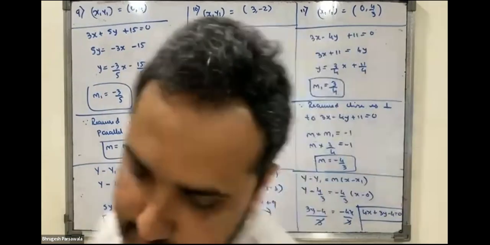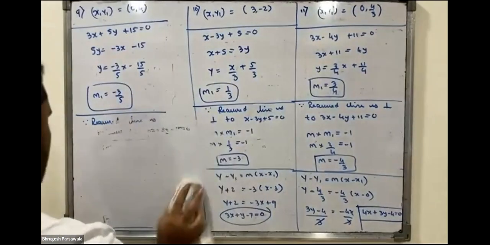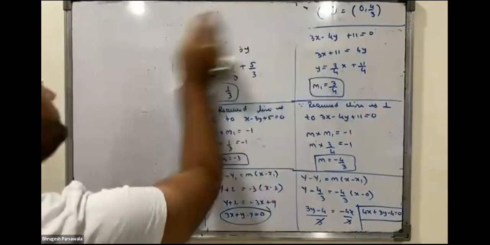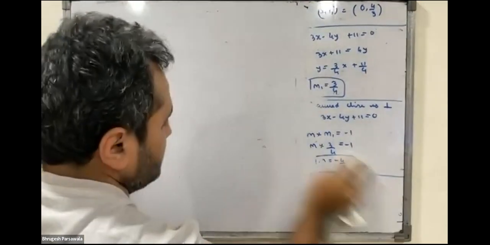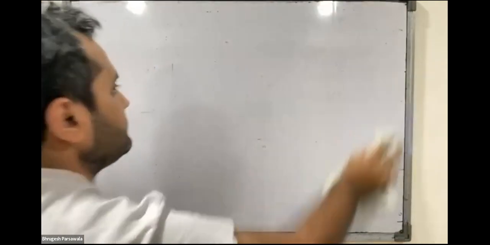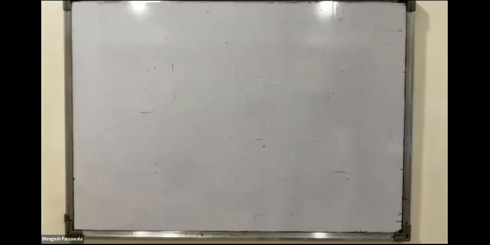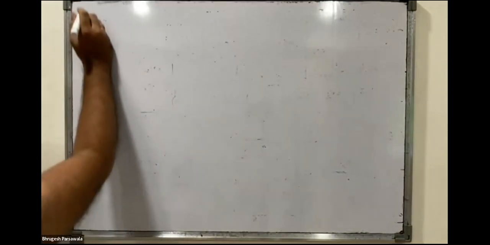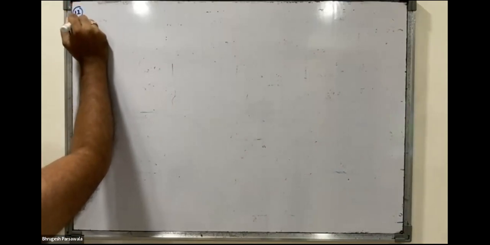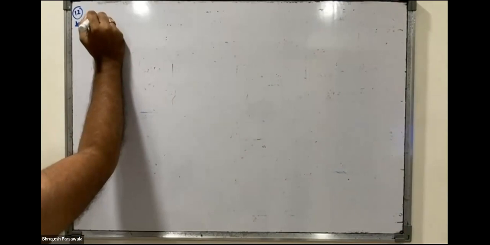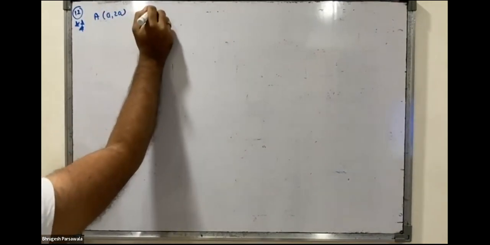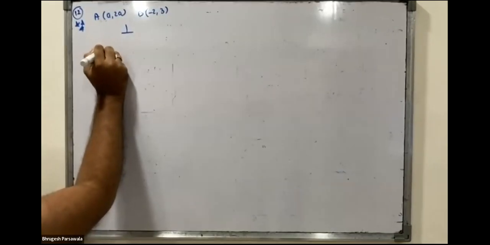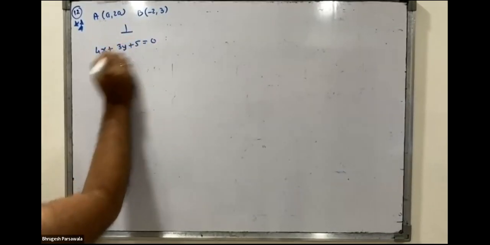Anyways, chalo, let us move to the next sum, 12th one. A line passing through A and B is perpendicular to 4x plus 3y plus 5 equal to 0.